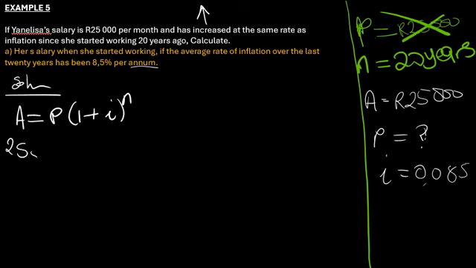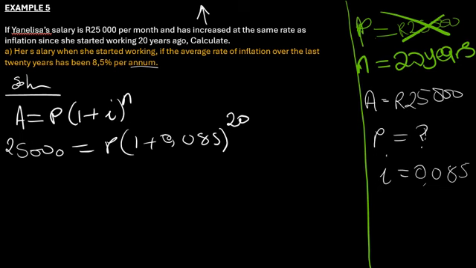So here I have 25,000 equal to P times 1 plus 0.085, all raised to the power 20 years.